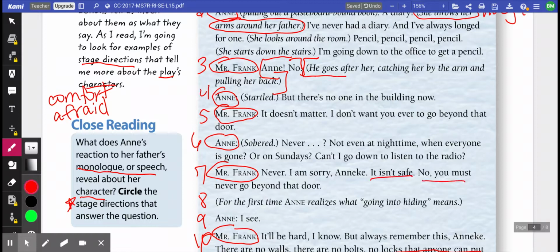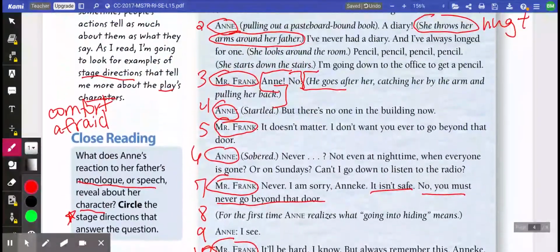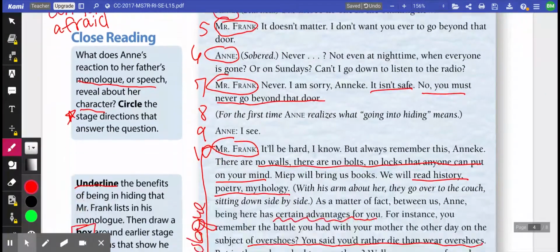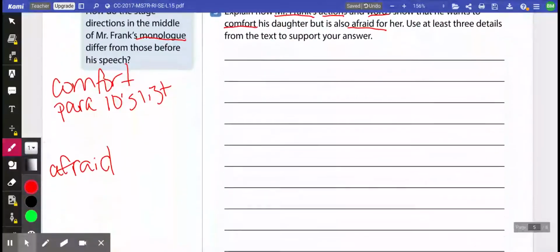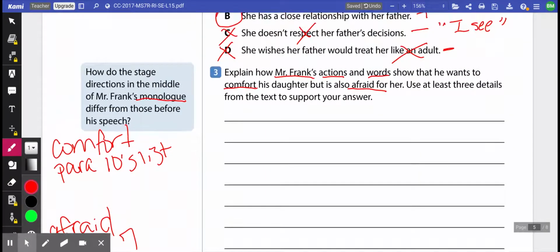You must never go beyond the door. And that's paragraph 3, paragraph 7. So I'm going to come over here and write that for my evidence, that I need to make sure I go back to that to write my answer. So let's see what you get.